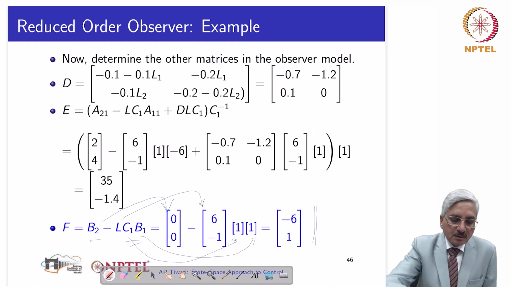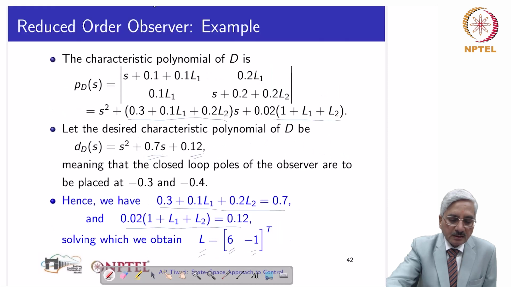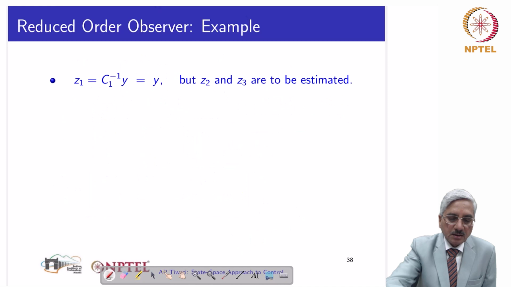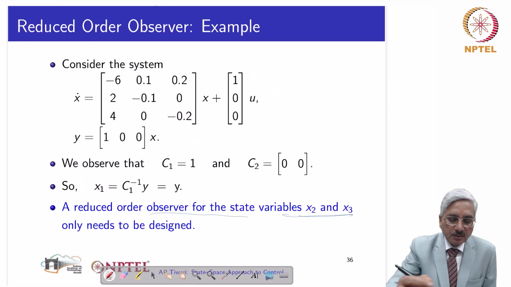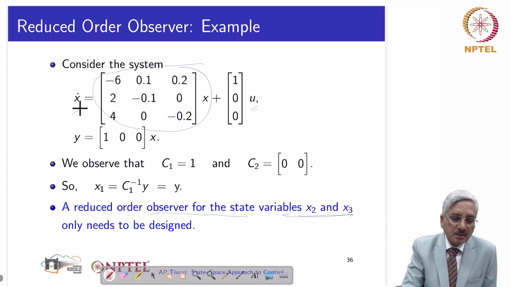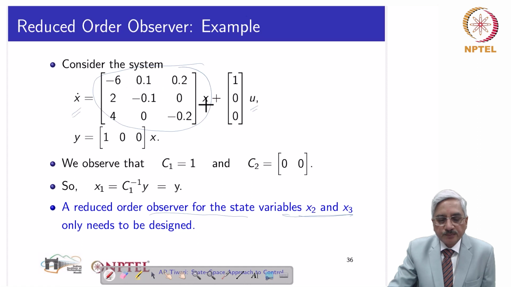The system was, let us go a few slides back. So this is the system, and the equilibrium of this system is obtained when u is 0 and x dot is 0.